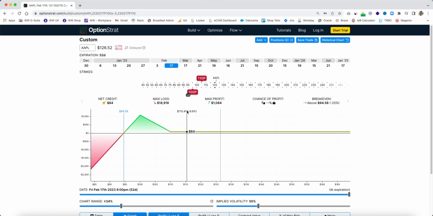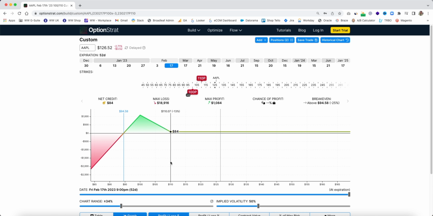Now, this is what I love about this strategy when it comes to a break-even perspective. So your break-even is the width of your buy put strike and your sell put strike minus your credit received. So in this example, it's $10.84, which you can see here, your break-even will be $94.58.